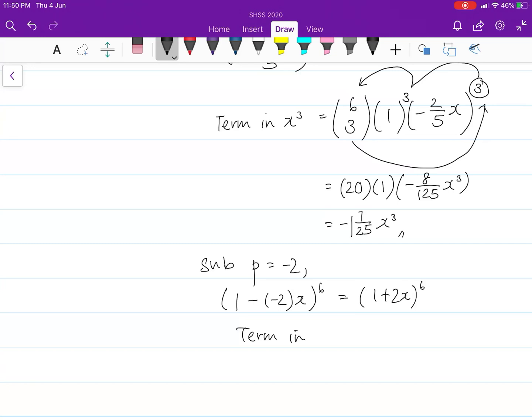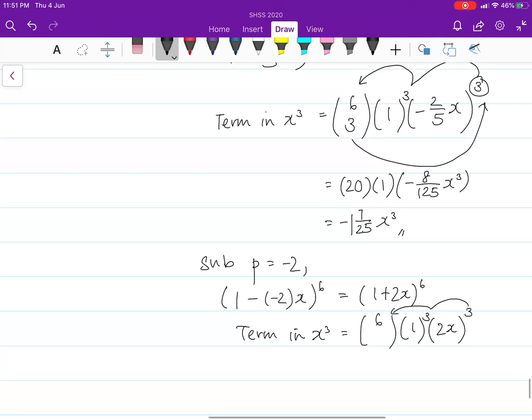Term in x cubed is equal to 6C something times 1. This is 2x. I want x cubed, so definitely this is 3. 3 plus what gives you 6? 3 plus 3 gives you 6, and this is also 3. 6C3 we know is 20. This is 1. This is 8x cubed. Press your calculator, you should get 160x cubed. So these are your two answers.